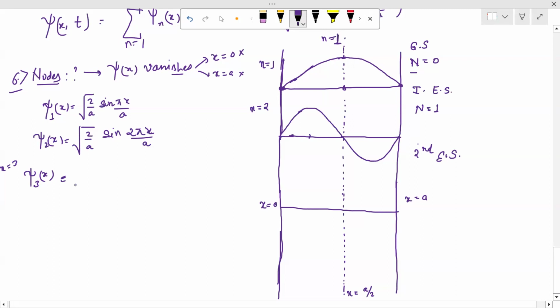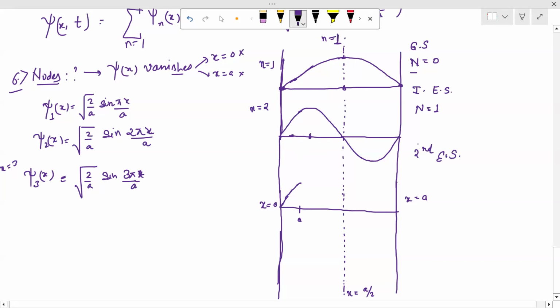Okay, so psi 3 will be root over 2 over a sine of 3 pi x upon a. Now at x equal to a by 6, this will get a maximum. At x equal to a by 4, what will happen?